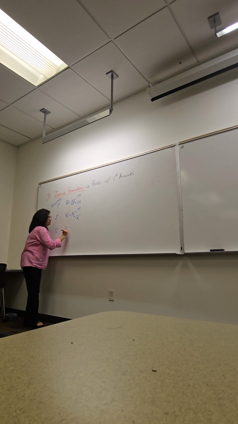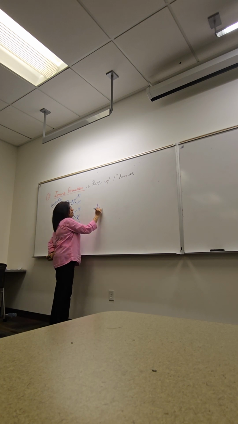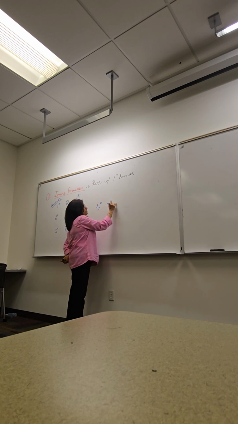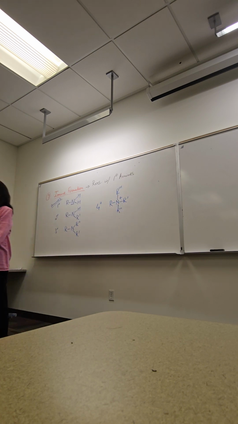Tertiary is no H's, just R's. And there is also quaternary, although that is not neutral. That will become a cation, ammonium. That's a quaternary ammonium ion.